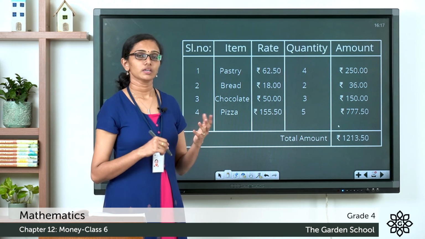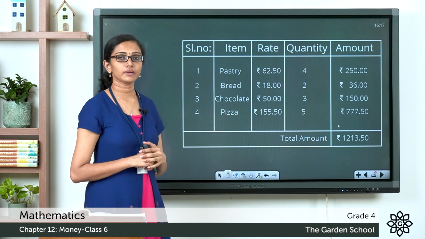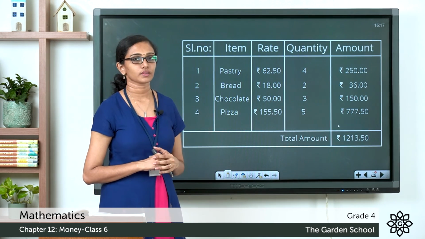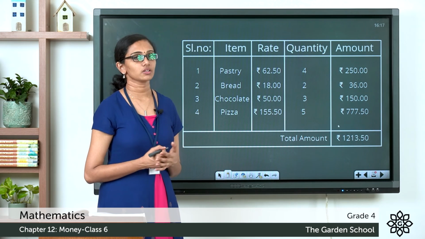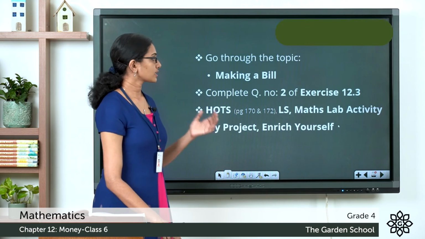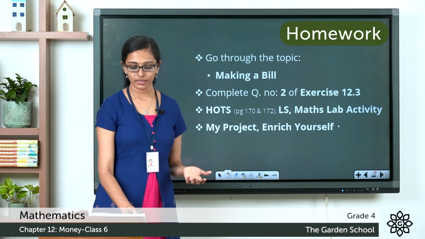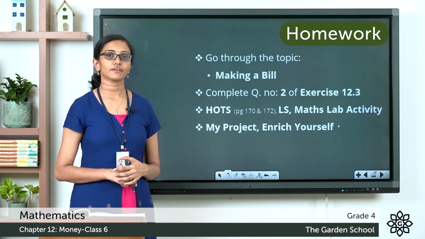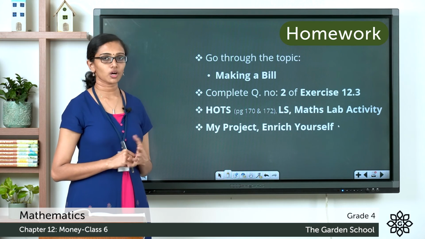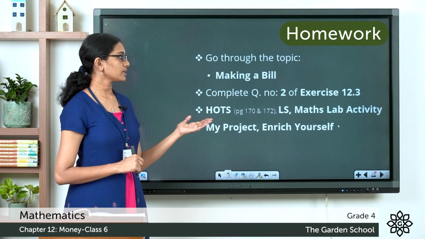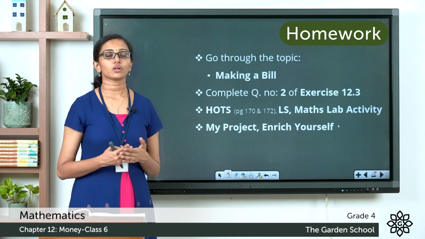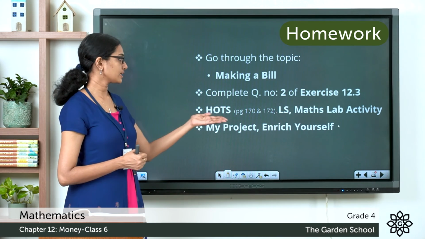Children, I hope now you understand how to prepare a bill and how to find out the total amount in a bill. The next time you see a bill, just take a look at it. Now we can go through this topic, making a bill, in page number 169 and 170 of your textbook. Go through the topic once, and then you have to complete question number 2 from exercise 12.3. And also you have to complete the question under the heading HOTS.